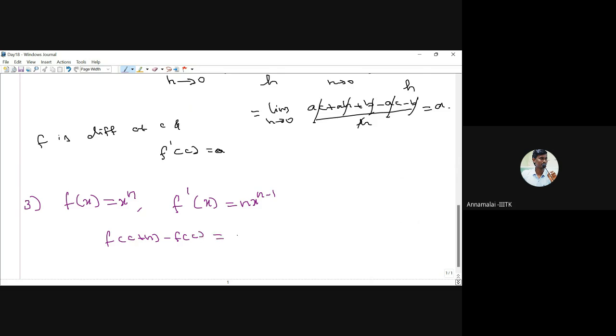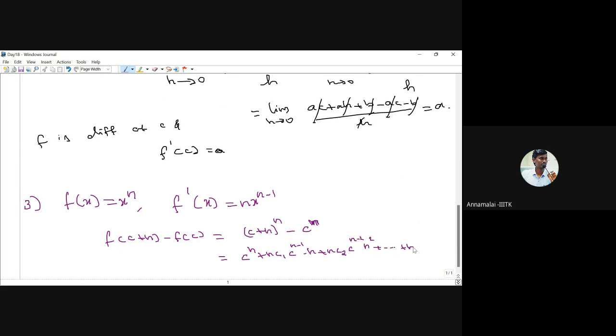So f of c plus h is nothing but c plus h whole power n, minus f of c, which is c power n. Now expand this using the binomial theorem. We get c power n plus n choose 1 c power n minus 1 into h plus n choose 2 c power n minus 2 into h square and so on.